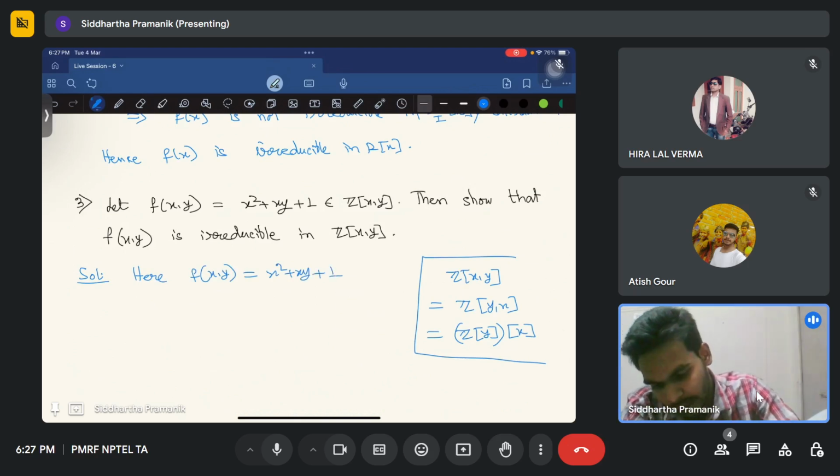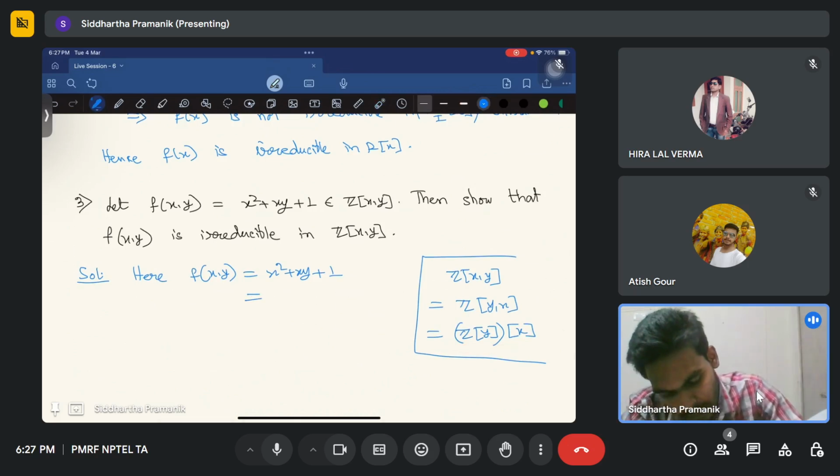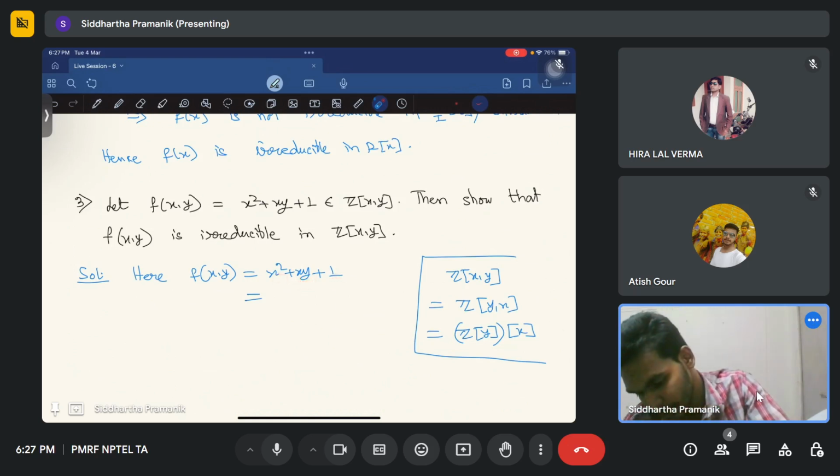You want to write it as a polynomial in Z[y][x], meaning whose coefficients are in Z[y]. So how will you write this? It is already in the form, right? Because here the coefficient is 1, which is in Z[y]. Here the coefficient is y, which is also in Z[y], and 1 is in Z[y]. This is clear, and this is a monic polynomial.